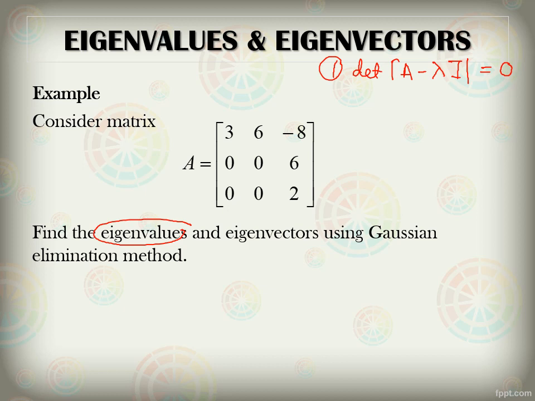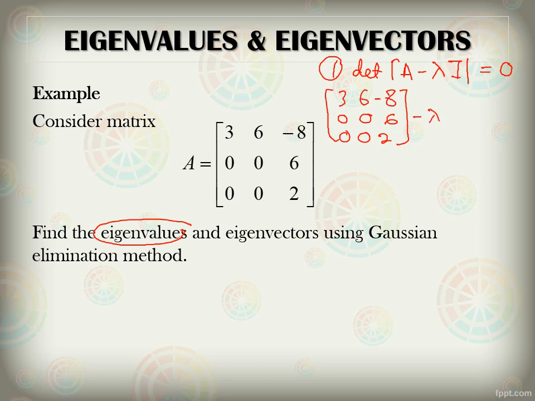So you do this first. What is A? A is this matrix: 3, 6, minus 8, 0, 0, 6, 0, 0, 2. Do it one by one.